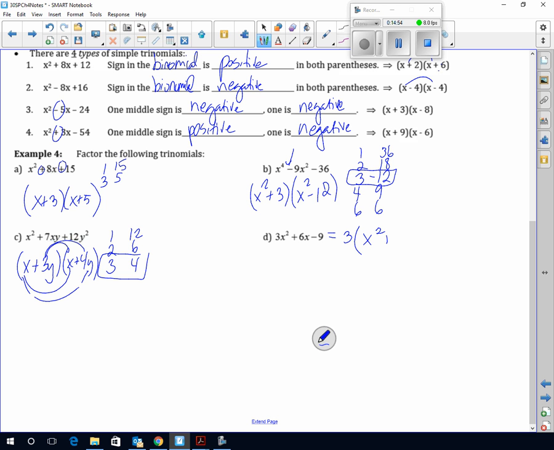We need a positive sum and a negative product, which means one of these has to be negative. Which one has to be the negative one? One has to be, because the bigger one makes the sign, right? Okay, so what's my final answer? 3 bracket x minus 1, x plus 3. Did we get that?